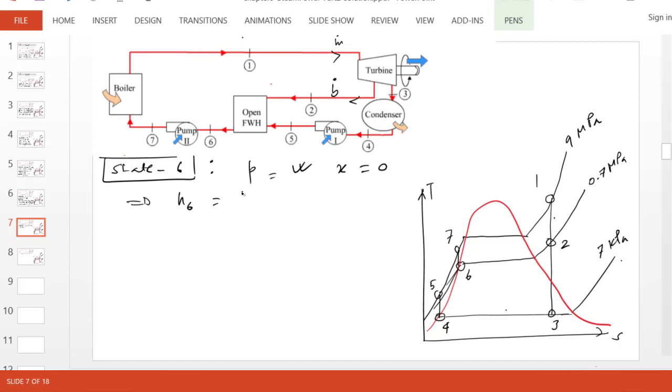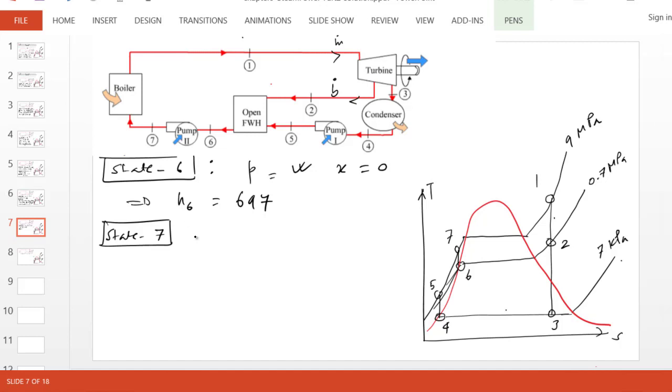So we go to the saturation table for 0.7 MPa and pick up the value of hf, that is H6.